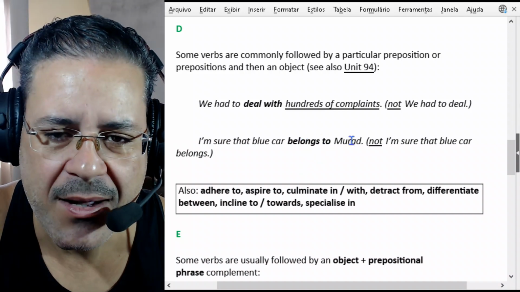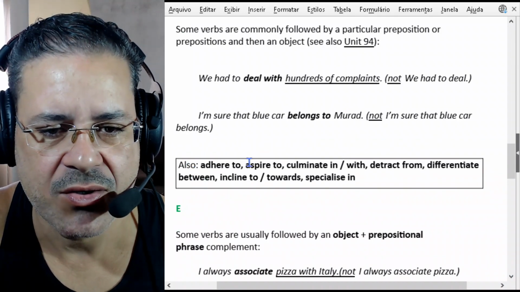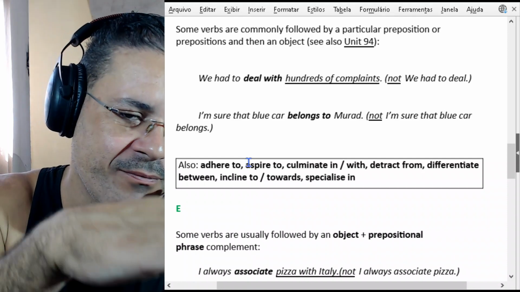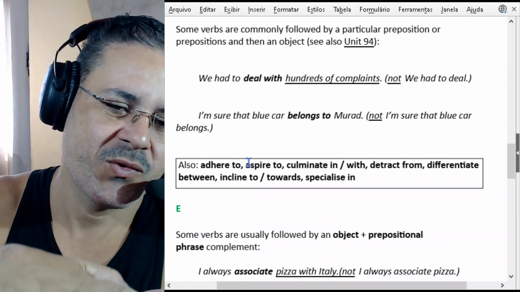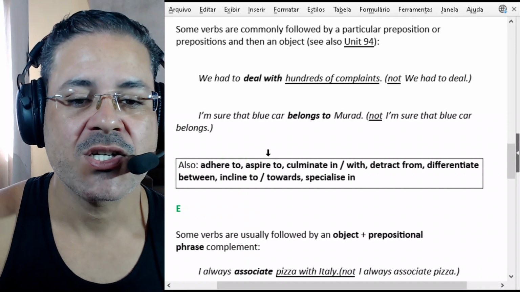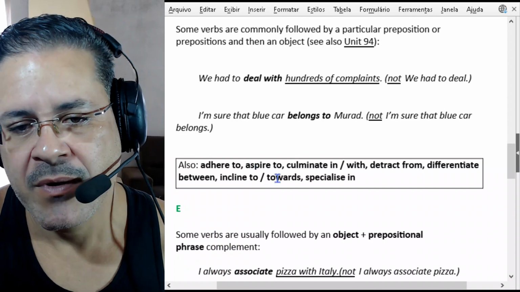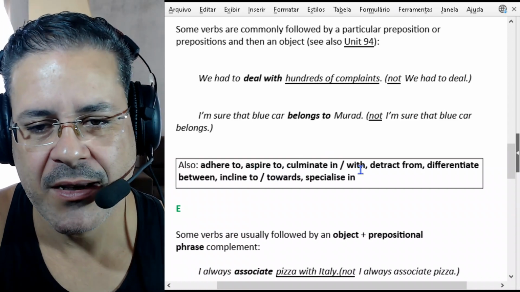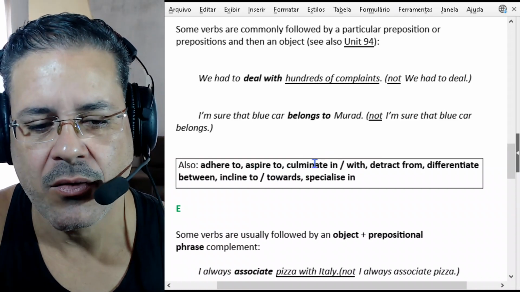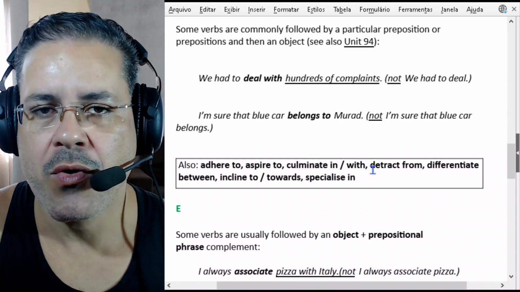With that pattern, we can use the verbs adhere to, aspire to, culminate in, or culminate with, or even the verb detract from.